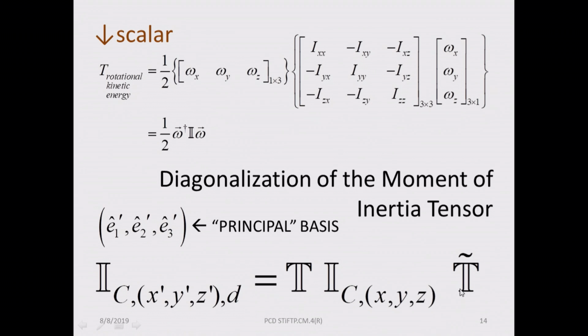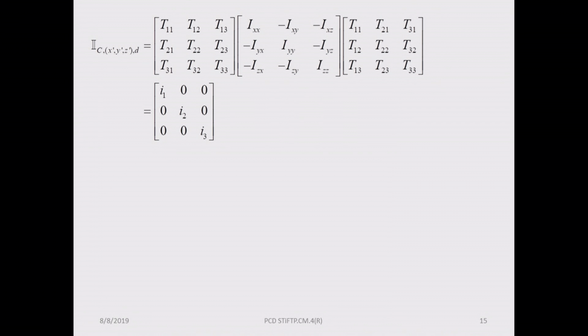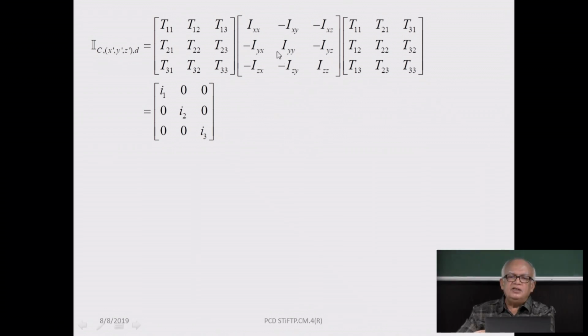So this is the transpose of the matrix, and you can carry out a diagonalization process. And once you diagonalize it, instead of having these 9 components, you have the 3 principal components. So these are the 3 principal moments of inertia about the principal axes, which are those axes which you get after you carry out this diagonalization.